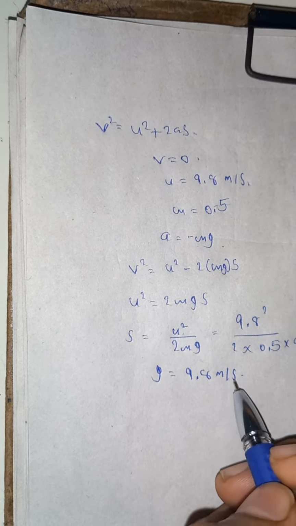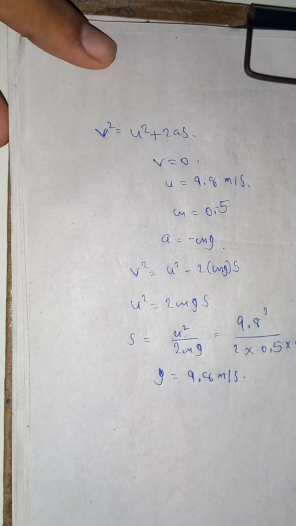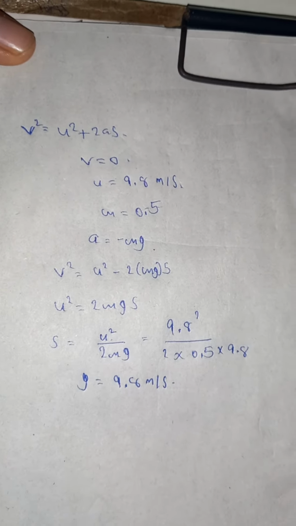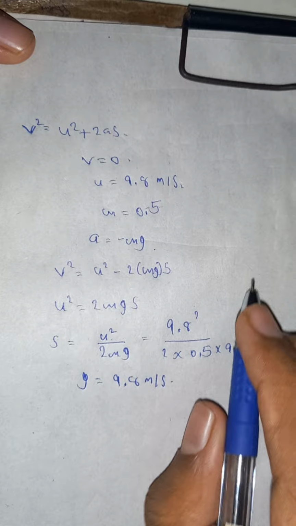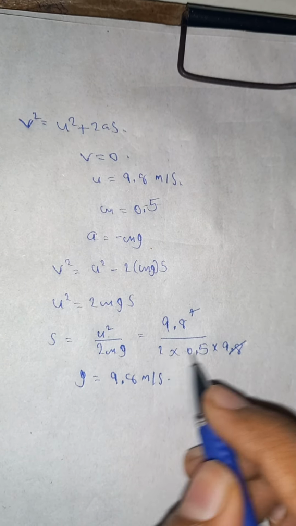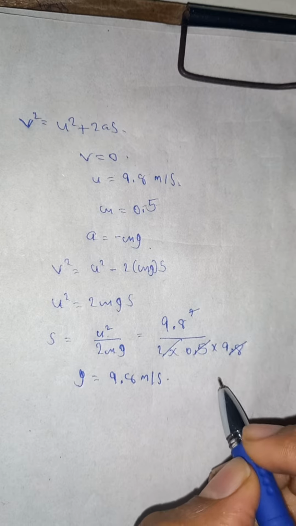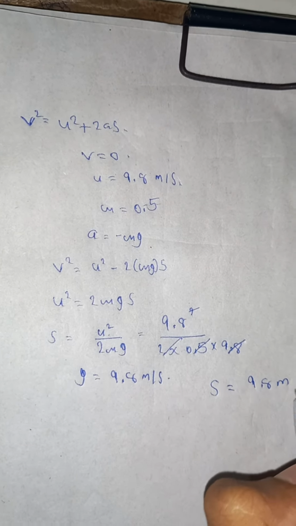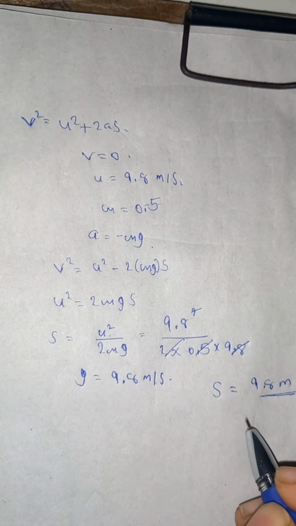Then we can cancel the values. We can cancel 9.8 and 9.8, and 2 and 0.5. Then s is equal to 9.8 meter, which is the answer of the question.